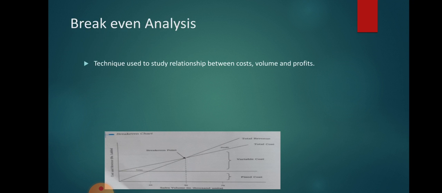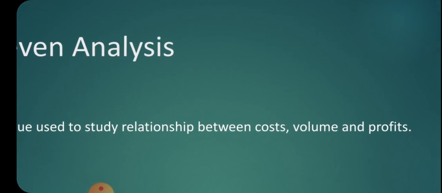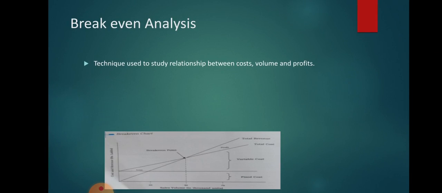Then the third one is break-even analysis. See, here the picture is given, break-even analysis. Before that, we will study the meaning. This is one more technique which is used to study the relationship between cost, value and profit. Value means sales value.